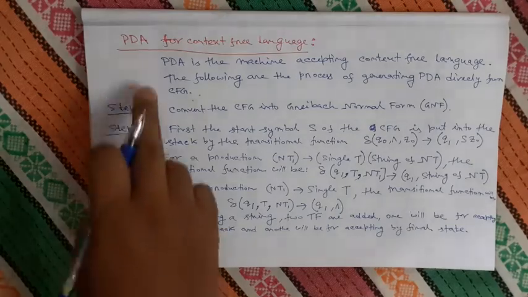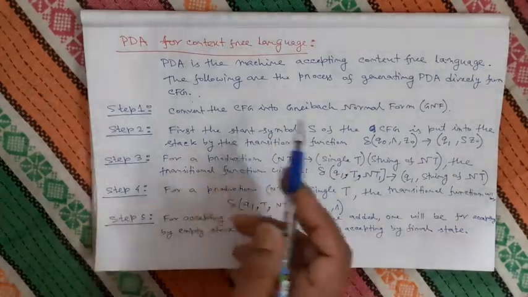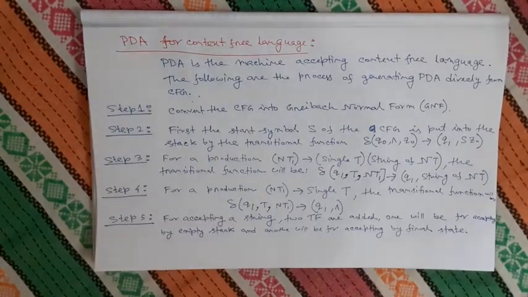So these are the 5 steps by which we can generate PDA for context-free language.